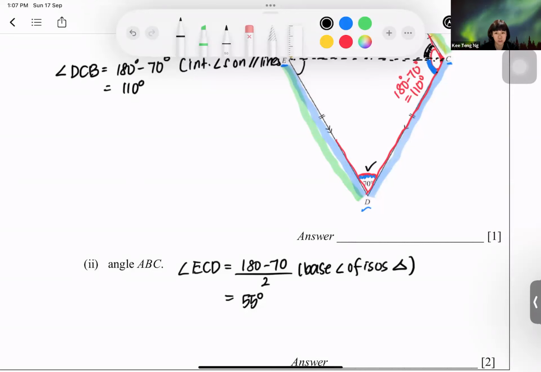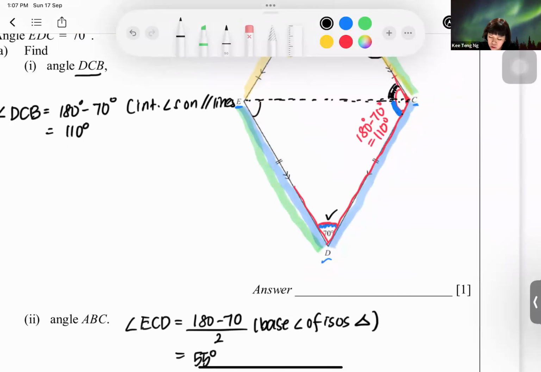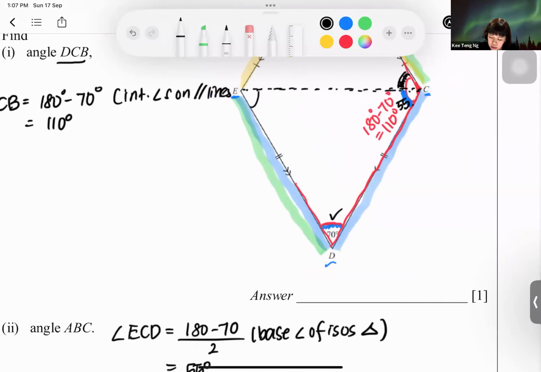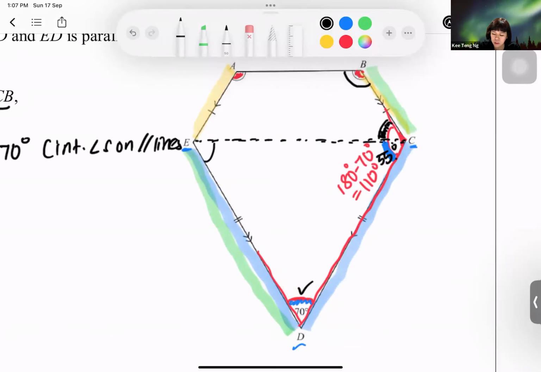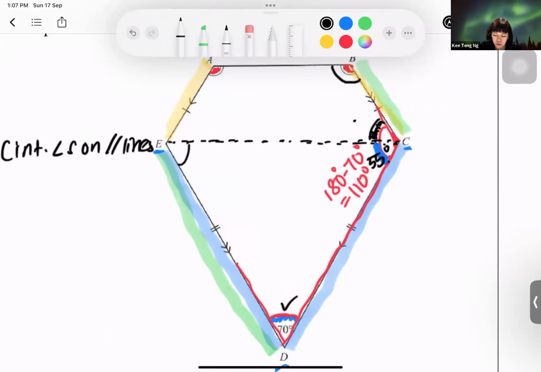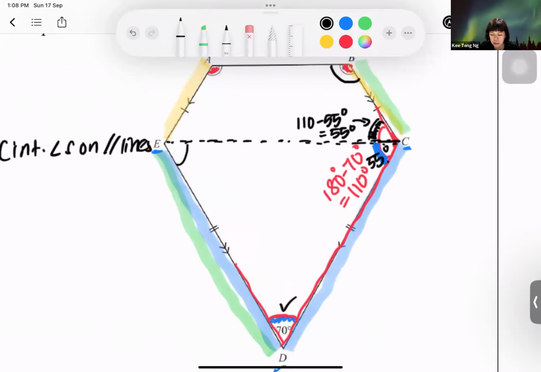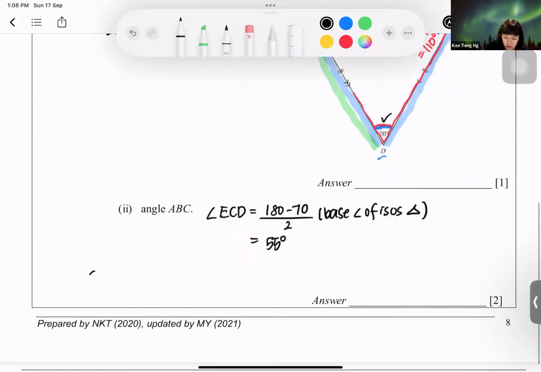Okay, so if this angle over here is 55 degrees, and the whole thing over here is 110, then this angle here will be 110 minus 55 degrees, which gives you also 55. This is angle DCE. Let me write angle DCE is 110 minus 55.